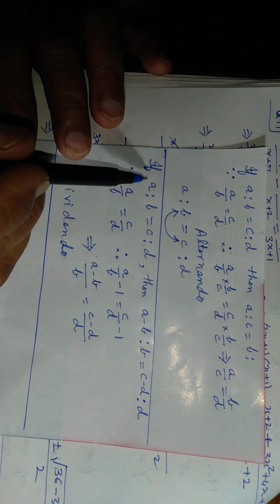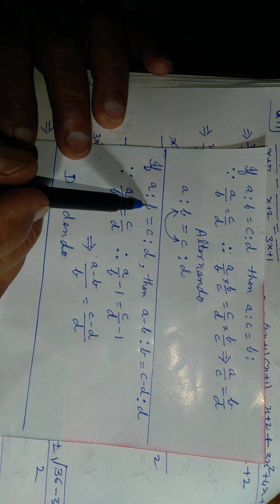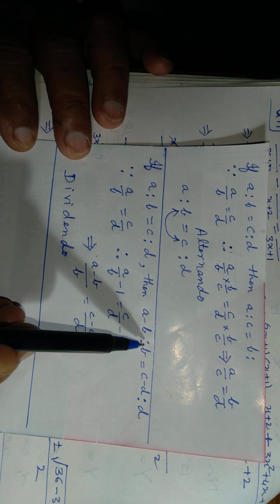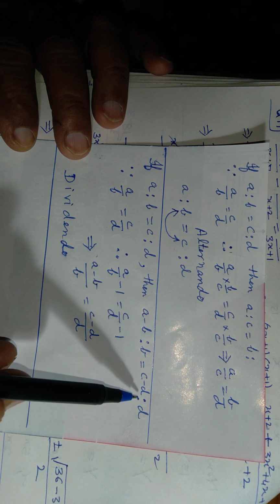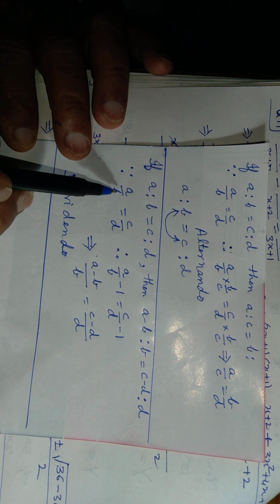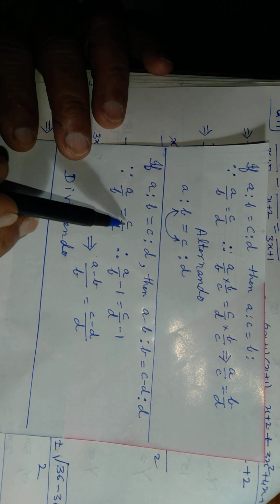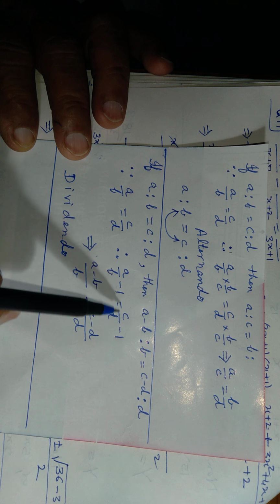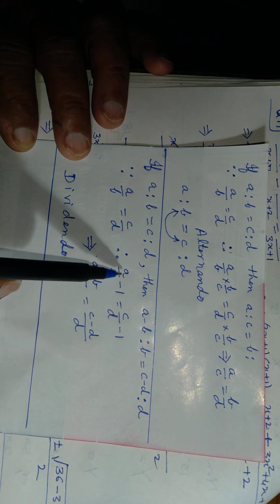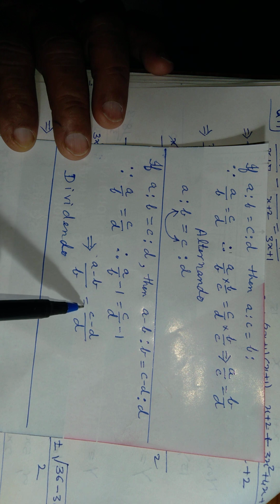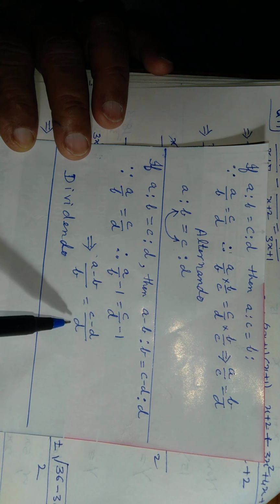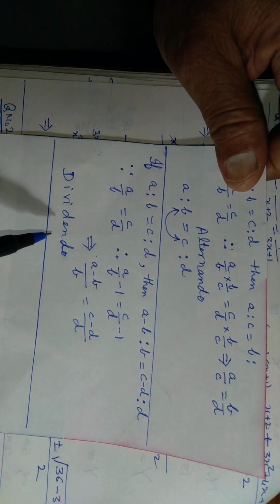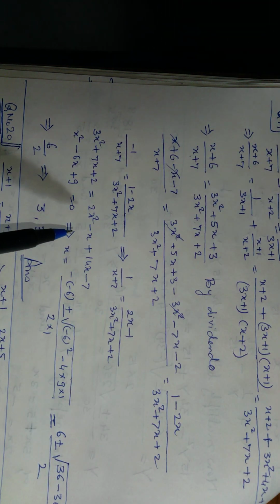You see, if A is to B and C is to D, then A minus B is to B and C minus D is to D. This can be solved like this: A by B is equal to C by D. So on both sides we subtract 1. We solve it: A minus B by B is equal to C minus D by D. This process is known as dividendo, which we will learn in ratio and proportion.